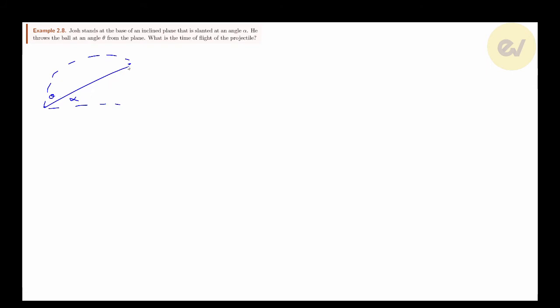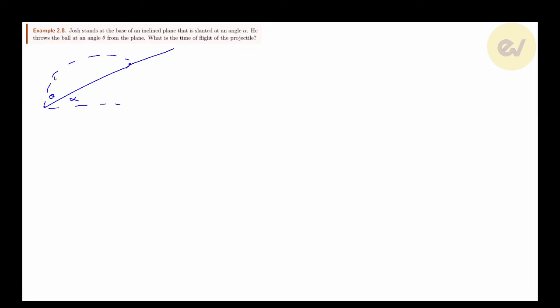Now, this on its own would be pretty hard to solve because you have to keep track of how far it travels, and depending on how far it travels, it could hit the plane at a different point. It's pretty messy if you work in this untilted system. But there is a trick.